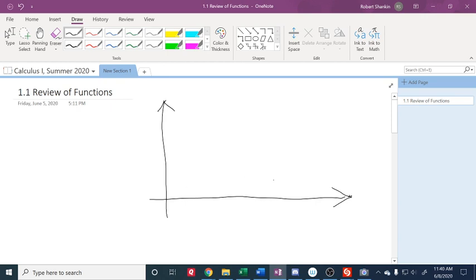Alright, but now, if you have a situation where here is your time, and this is your distance. And at time 0, you are going to start, let's say, in your garage, 0 miles from home.